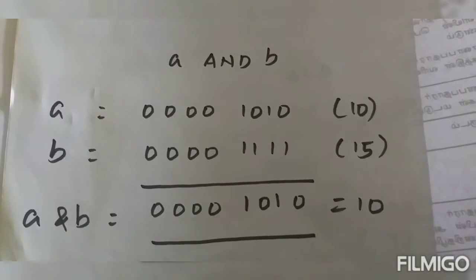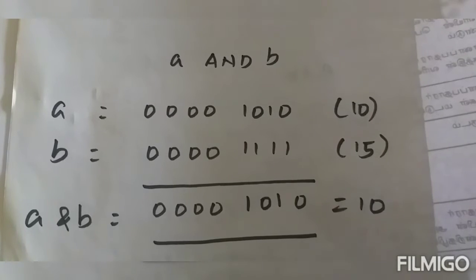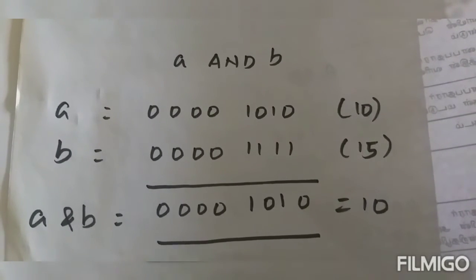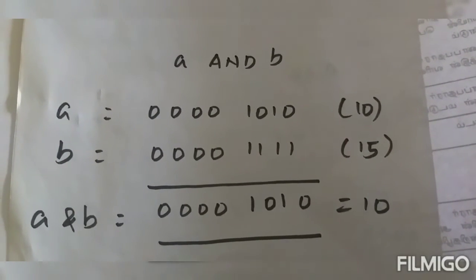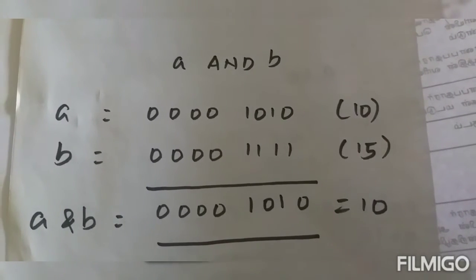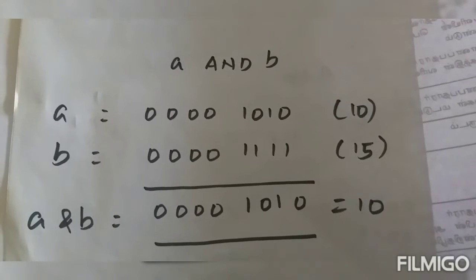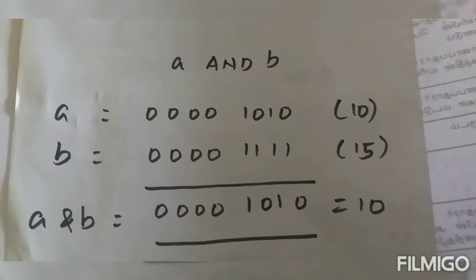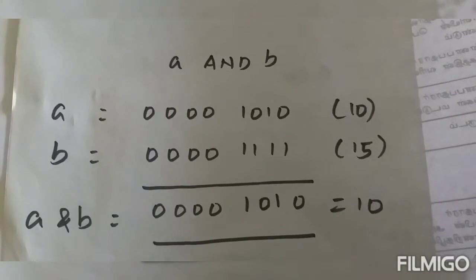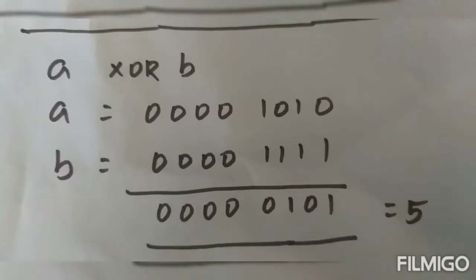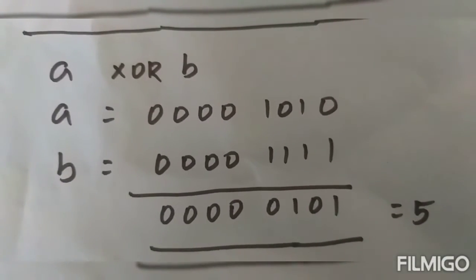Now it is a and b. So when we AND, when both the bits are 1, we'll get 1. For all the other cases, we'll get 0. So only for the 5th bit and the 7th bit, we'll get 1. So the equivalent decimal number is 10. Now it is a XOR b.